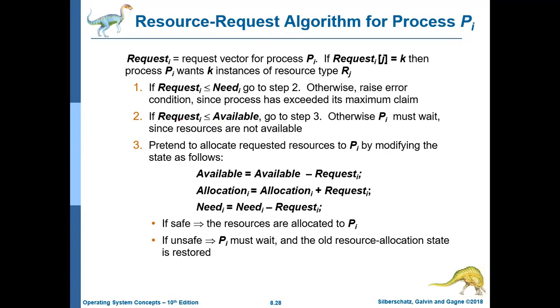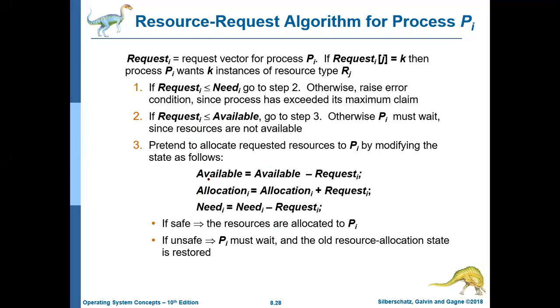If it is not less than available, you cannot provide these resources to that process. But if your request is less than available, that means you may allocate.